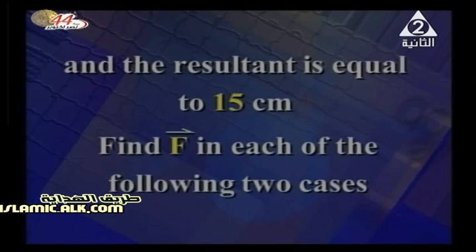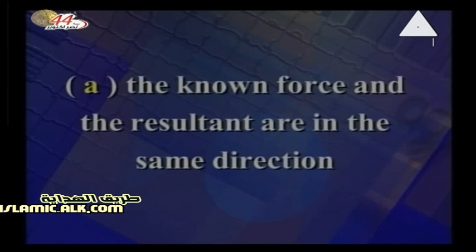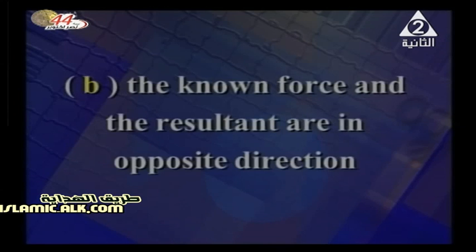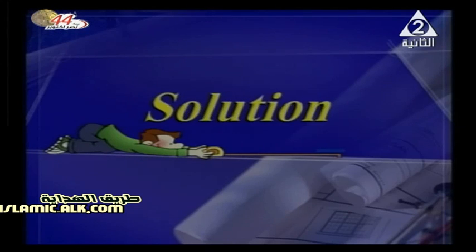Find F in each of the following two cases. The first, the known force and the resultant are in the same direction. Second, the known force and the resultant are in opposite directions. Look at the solution.